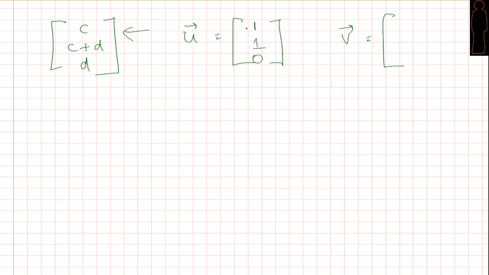When I pick up the u vector, if I keep c as 1 and d as 0, we get c plus d, which is 1, and it is described by this same pattern. Let us now talk about the v vector. In the v vector, we had this c to be 0 and we had this d to be 1, and what do we get in the middle component? It will again be 1, and we find the v vector was 0 1 1 and it is being described by this pattern. So that is quite interesting.